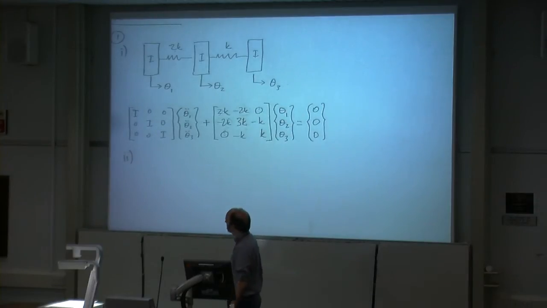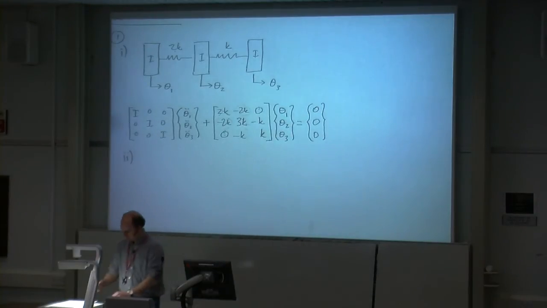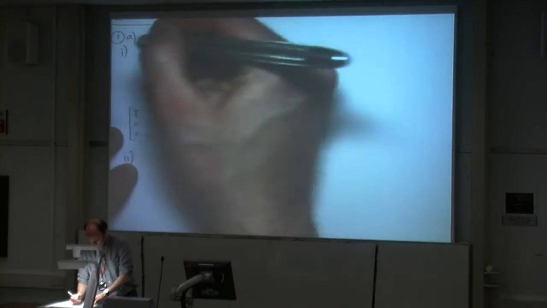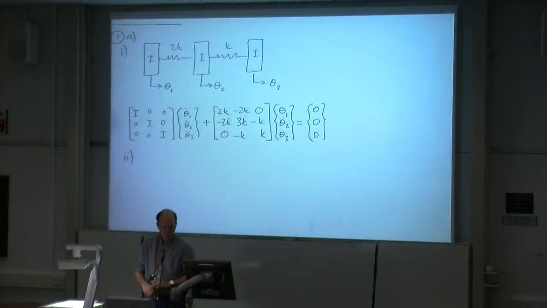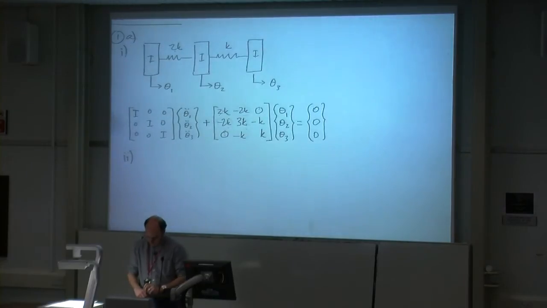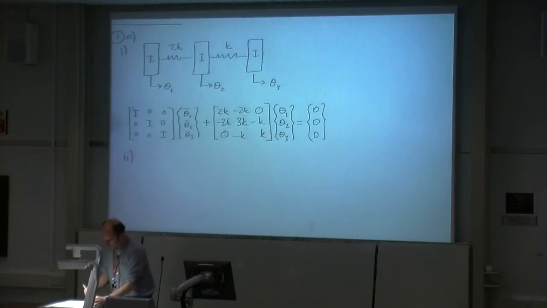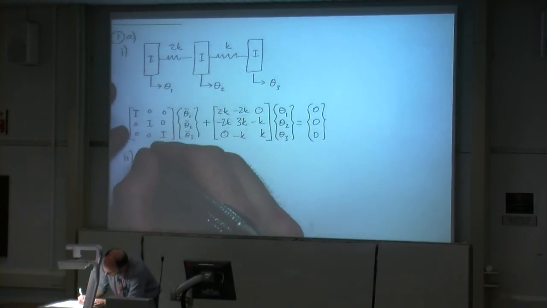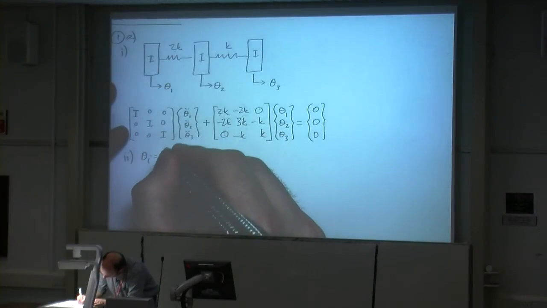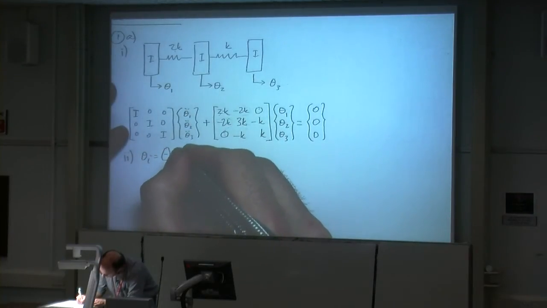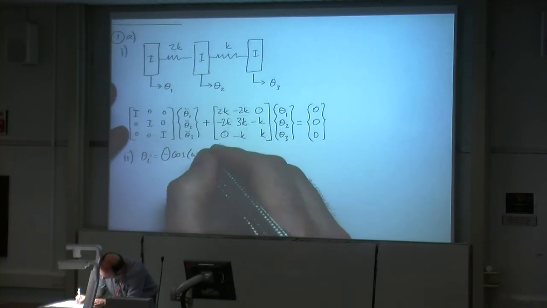Part A2, so this is question 1A. Part A2 says, calculate the natural frequencies and the mode shapes of the system. So you apply the substitution: theta i equals big theta i cosine omega t.